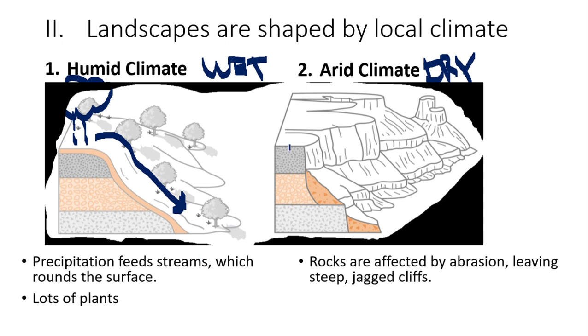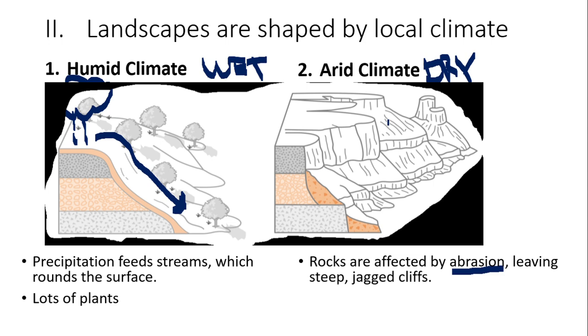Okay. On the other hand, when we have an arid climate, there is pretty much no rain, very little water. So all of this, the rocks are going to be affected by abrasion. Now, what is abrasion? If you've ever gone outside, right, and run around, fallen, scraped your elbow, scraped your knee, ripped the skin off on that, that is abrasion. Okay, it's essentially rubbing. In dry climates, what you tend to have is wind.